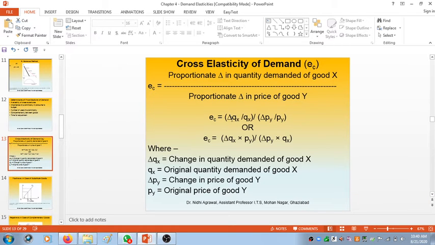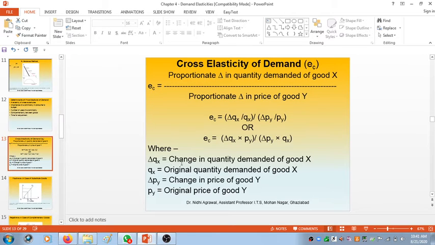Algebraically, this can be represented as proportionate, or percentage, change. So this will be delta Qx upon Qx divided by delta Py upon Py. It is similar to the price elasticity formula, but we have taken two goods X and Y. Price is taken in case of good Y and quantity is taken in case of good X. After rearranging, we have the formula: Ec, the symbol for cross elasticity, is equal to delta Qx multiplied by Py divided by delta Py multiplied by Qx.